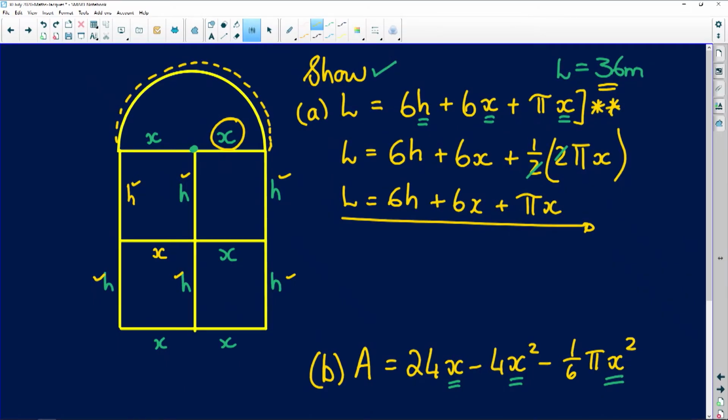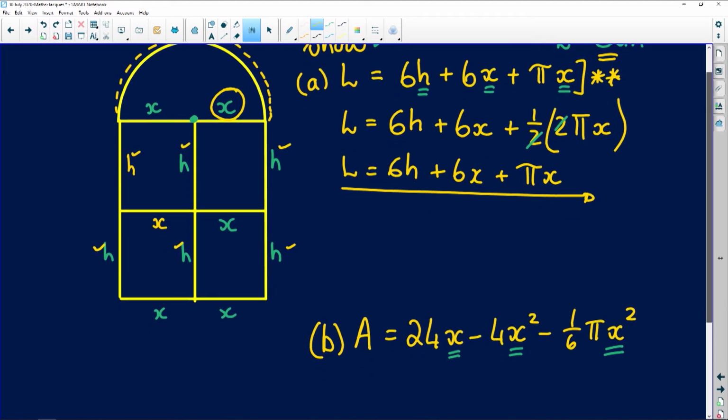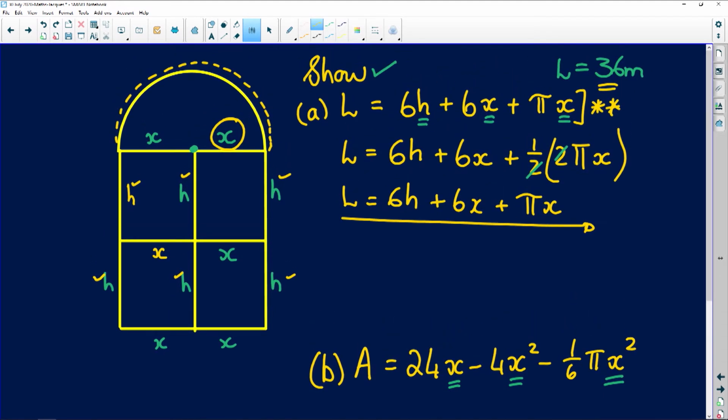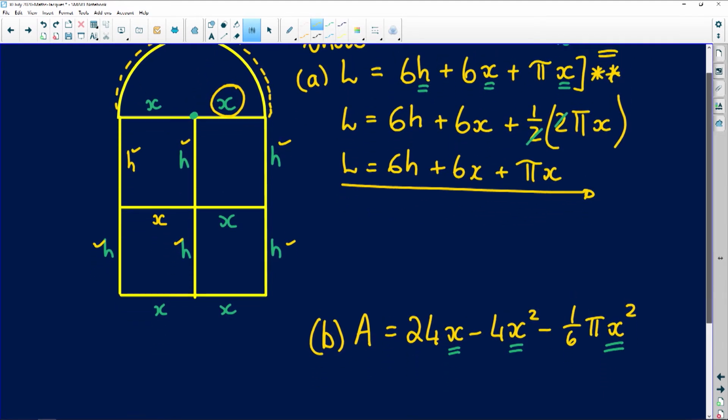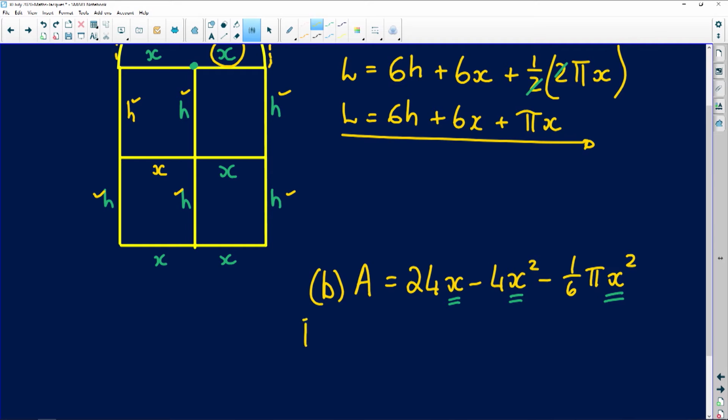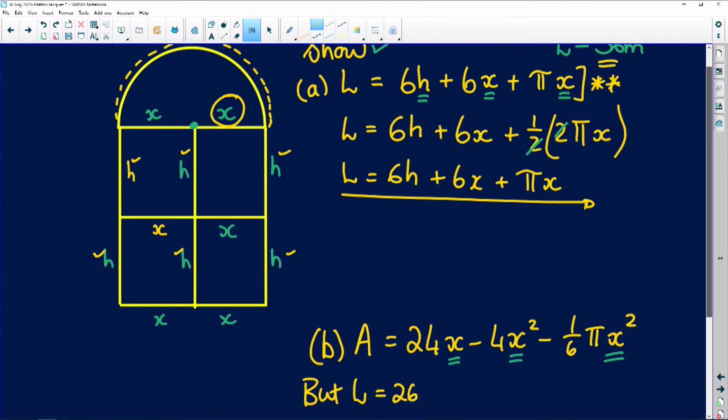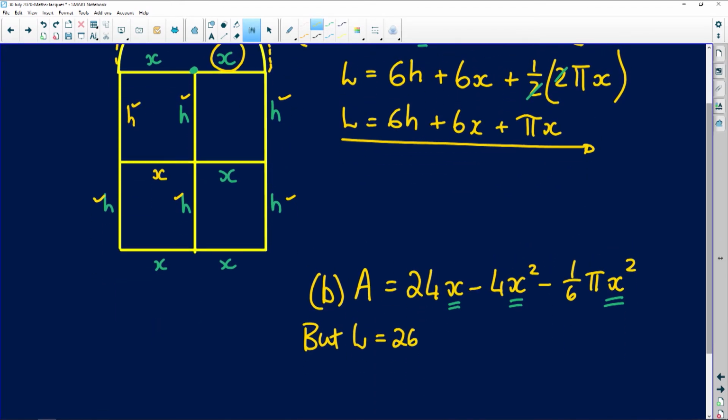The second part says, show that the area is given by this expression. We've already identified that there are absolutely no h's in here. So what did they tell me about h? They told me the length of the frame, so L is equal to 36, not 26.